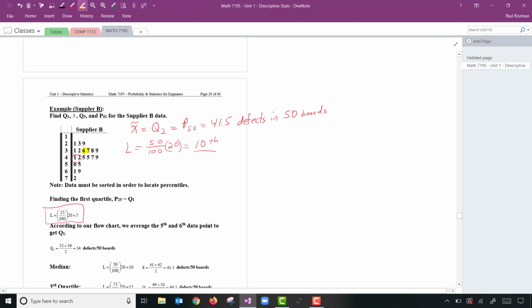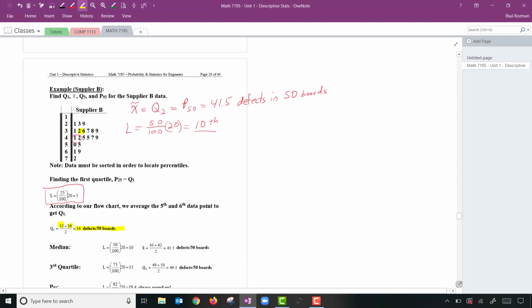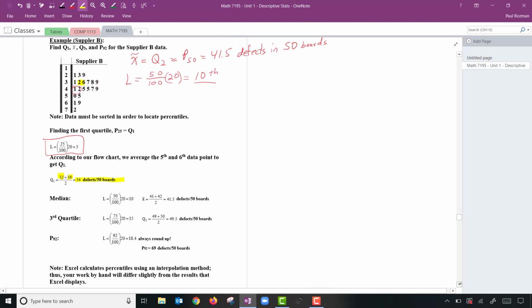So it's going to be the mean of, did I count that wrong? I did. I should edit this out. I had it right the first time. Here's the 5th and 6th. So it's between 32 and 36, and the average is 34. I'm just going to leave it in there. You can see me make mistakes.